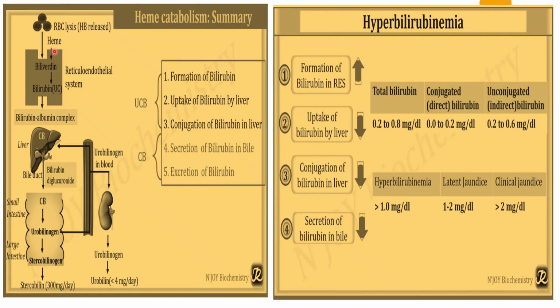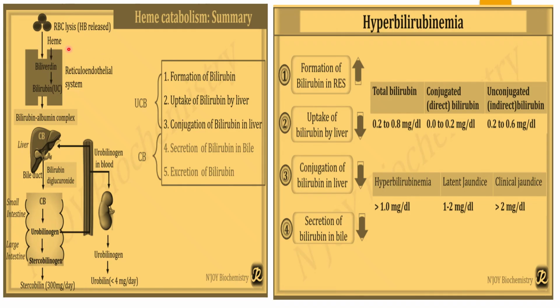Now, summary. This is the summary of heme catabolism. So RBC lysis, the breakdown of RBCs, or those who have completed their 120 days, so they are in the senescent state. They are the sources for hemoglobin, the sources for heme, plus myoglobin degradation, plus incomplete or inefficient erythropoiesis, that also becomes a source of heme.